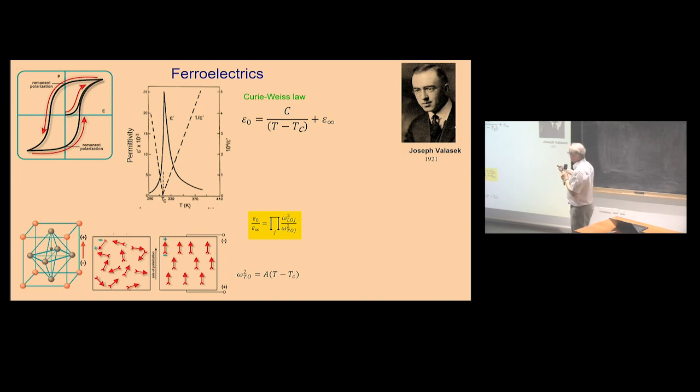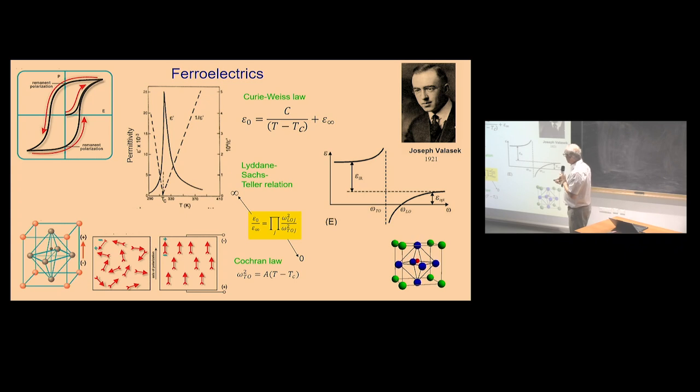You describe it with the Curie-Weiss law, but there is another formula, the so-called Lyddane-Sachs-Teller relation, comparing static permittivity, meaning low frequency permittivity, with high frequency permittivity, longitudinal phonon frequency and transverse phonon frequency.